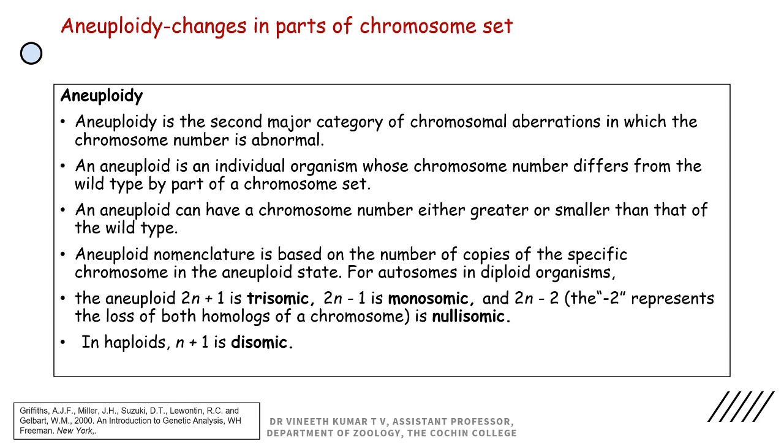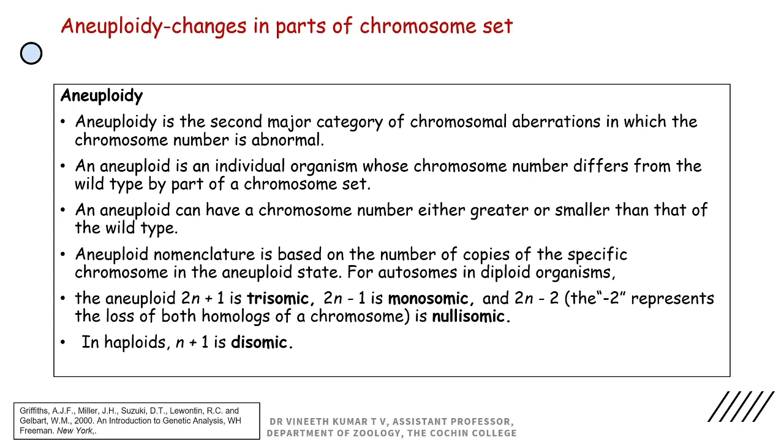For autosomes in diploid organisms, the aneuploid can be written as 2n plus 1, which is called the trisomy condition, one extra chromosome than the normal one. Then 2n minus 1, which is one less. If it is a human chromosome set, trisomy is 47 and monosomy is 45.